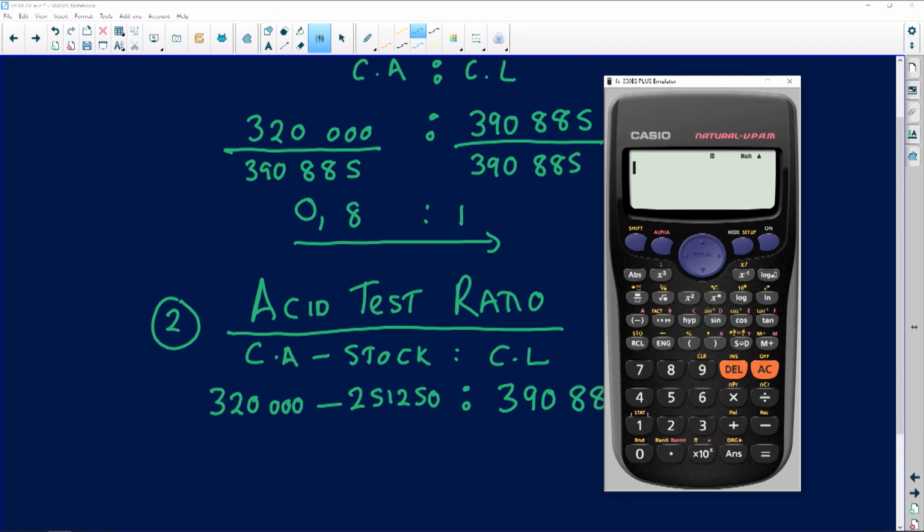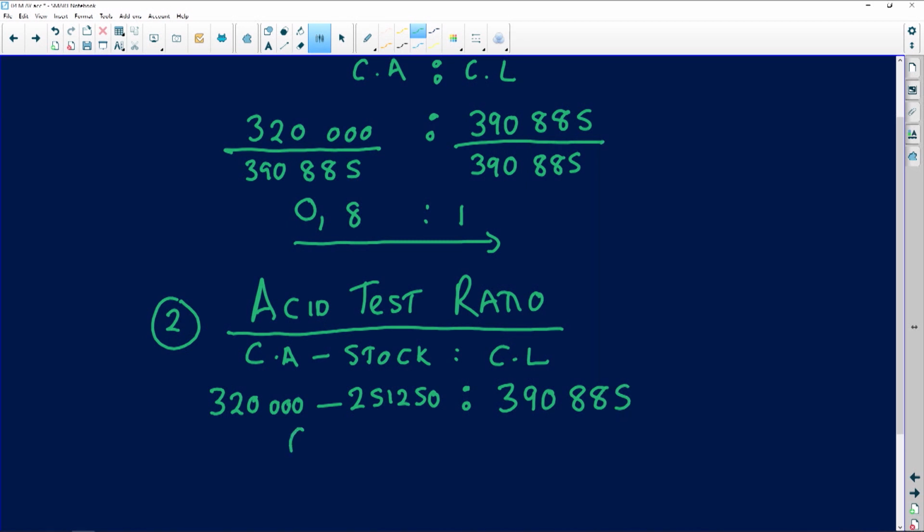So I want to first take my current assets, 320,000, minus my stock figure, which is 251,250, and that gives me 68,750.